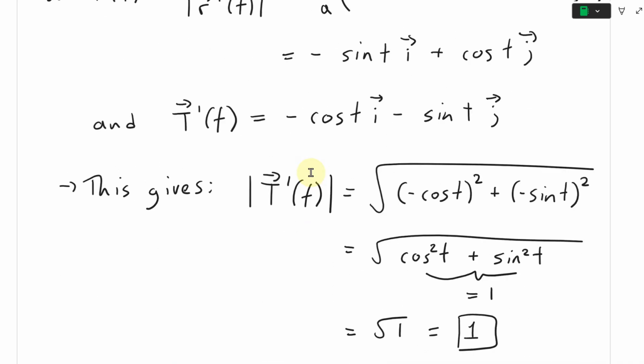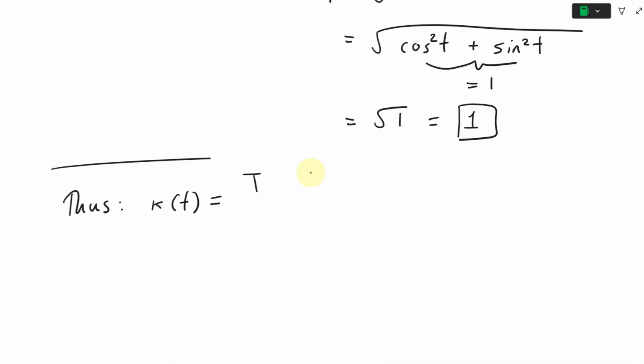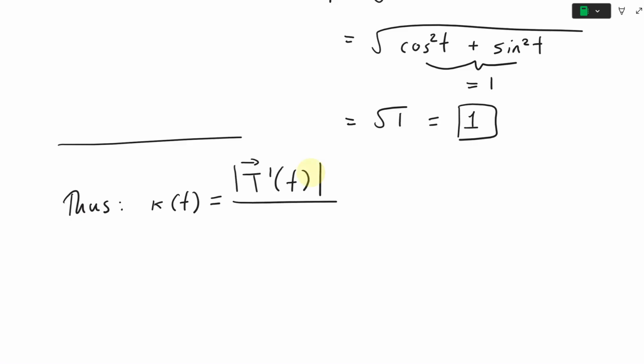So this is the length of T prime of t, over the magnitude of the derivative of the vector function, and the top part is equal to 1.